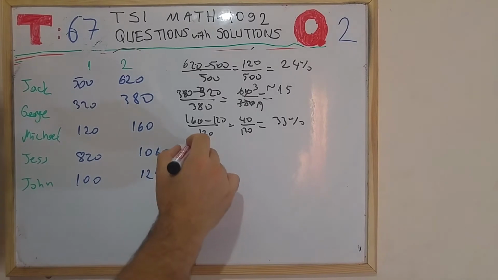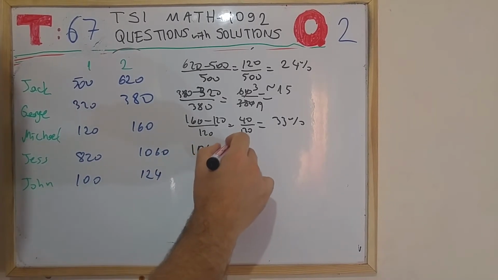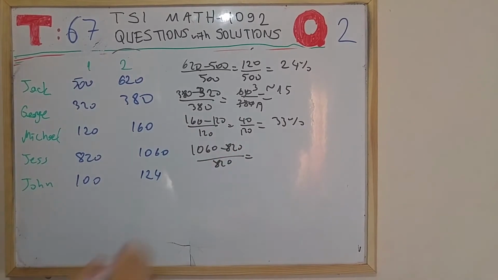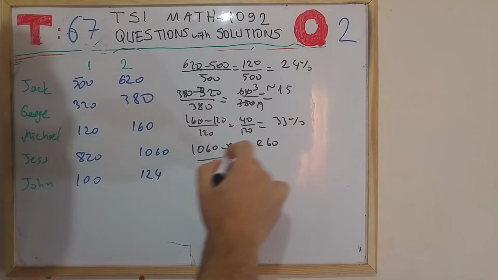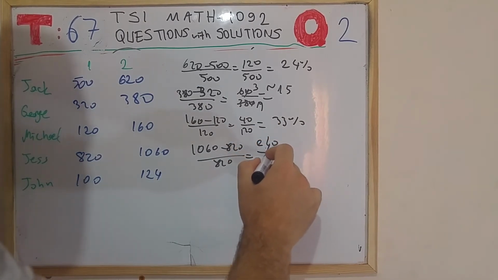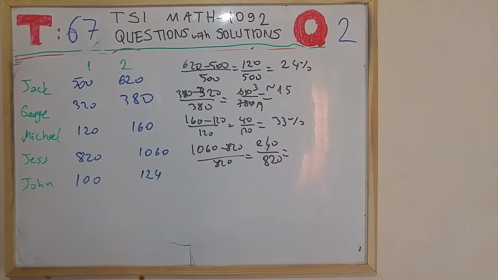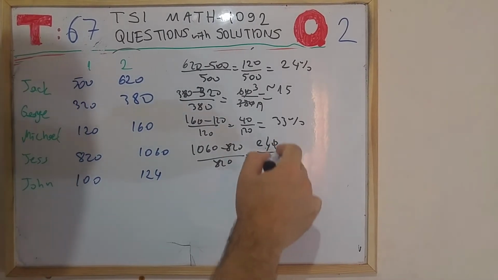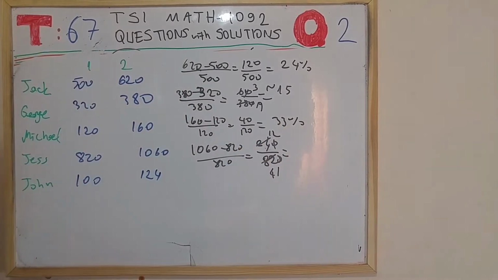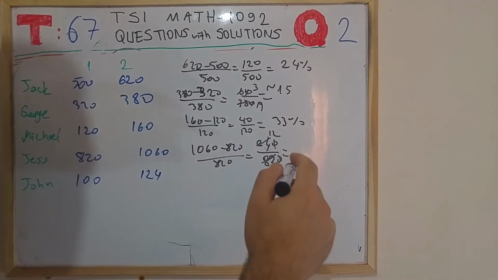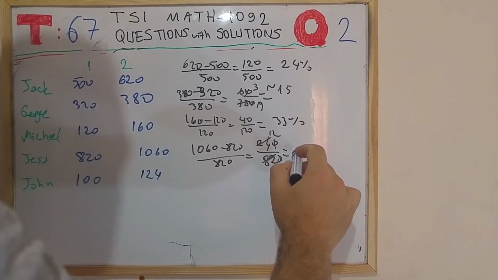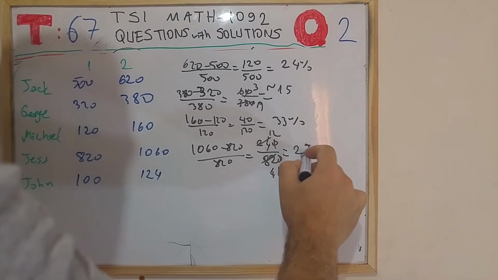And what I have here is 1060 minus 820 over 820, and this is equal to 240 over 820, and this is equal to, this is going to be 41, this is going to be 12, this is around slightly bigger than 25%, maybe 28% or something.